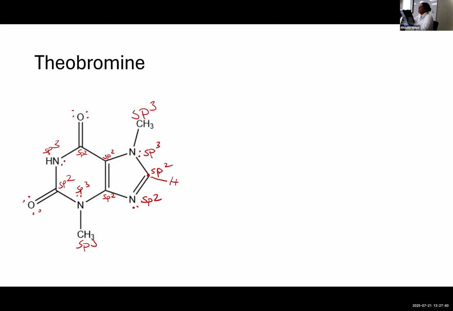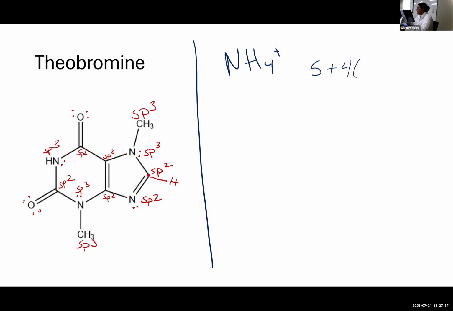Perfect. I forgot to do NH4. Can we do NH4 before we wrap up? Okay. So if I have NH4 plus, and I wanted to do a Lewis dot structure, first, count the valence electrons. Nitrogen is 5. Hydrogen is 1, and there are 4 of them. But what about that plus sign? What do we have to do? Minus 1.